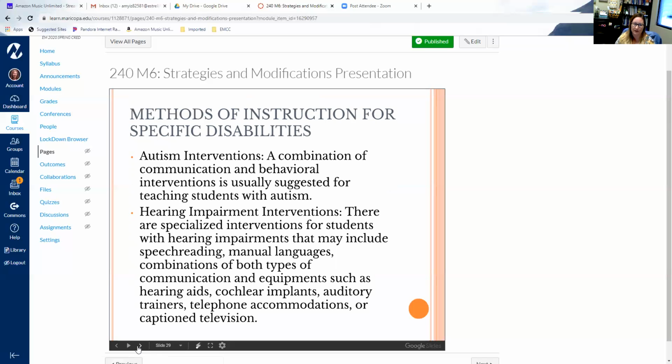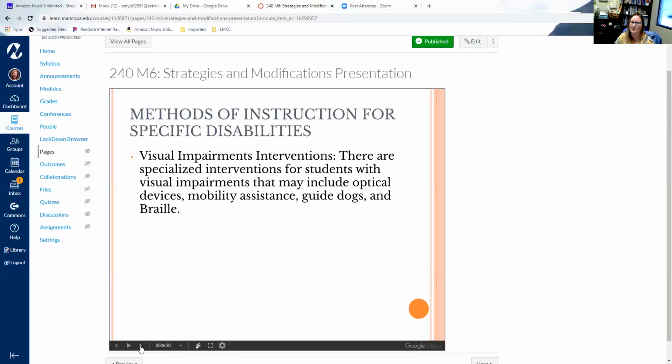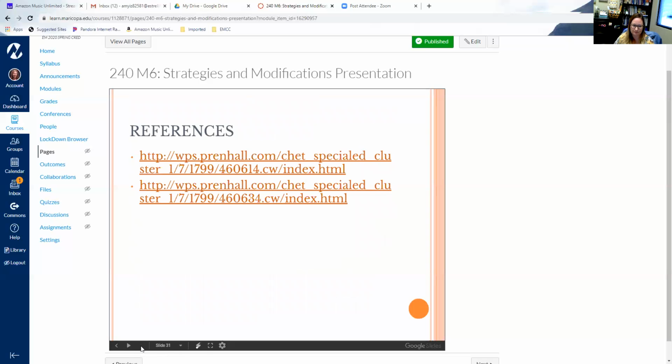So, for example, in autism, there are some specific strategies that we try and use with students with autism. They don't all work for every student with autism. Again, it's individualized, but there are things that are seen as more autism-related interventions. Same thing with individuals with hearing impairment and cochlear implants. There are specific interventions for specific populations. Same thing with visual impairments.